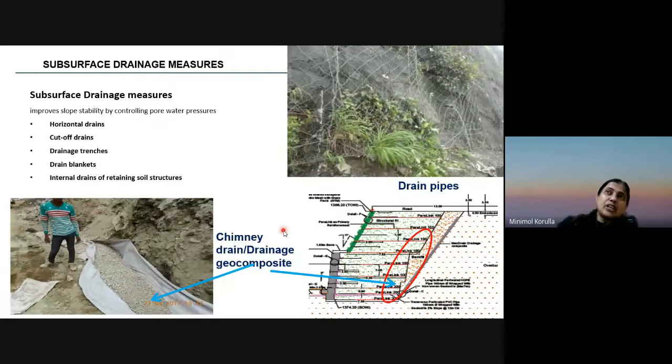If it is a rocky strata, we may have to identify the water bearing rocks, and decide how the seepage can be channelized so that it will not cause slope instability. The upper photo you are seeing is actually the rocks facing the Mumbai Pune expressway.